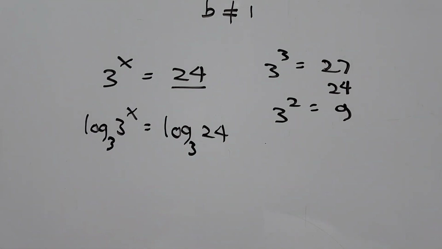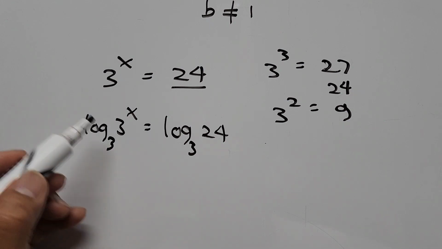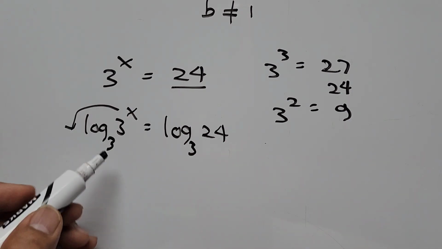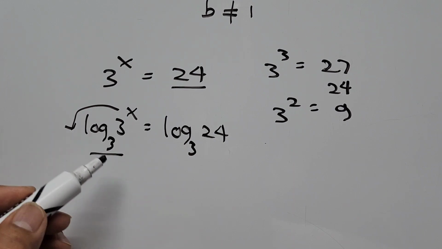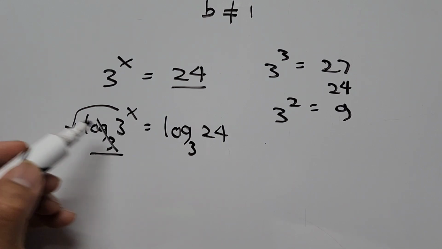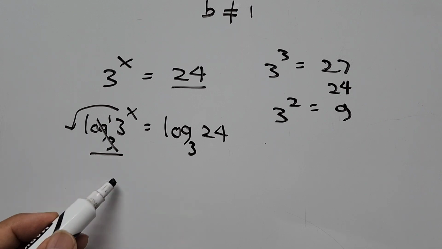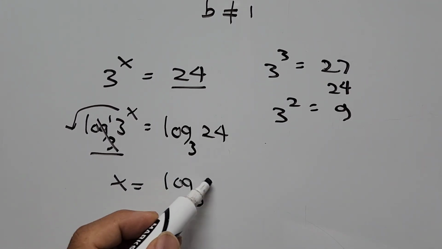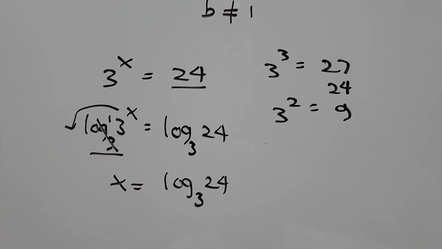And here, by the logarithm power rule, we are allowed to put the exponent in front, and log base 3 of 3 is 1. So we have just x is equal to logarithm base 3 of 24. Now we can use our calculator to solve for the value of x. Without the use of logarithms, we would not be able to solve this kind of problem.